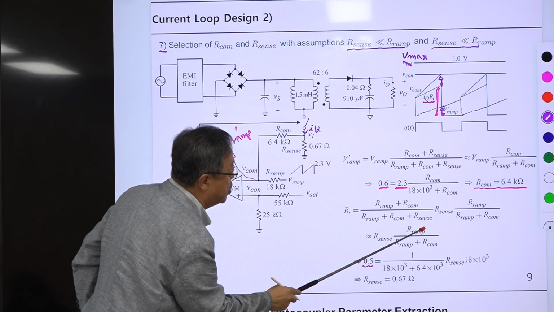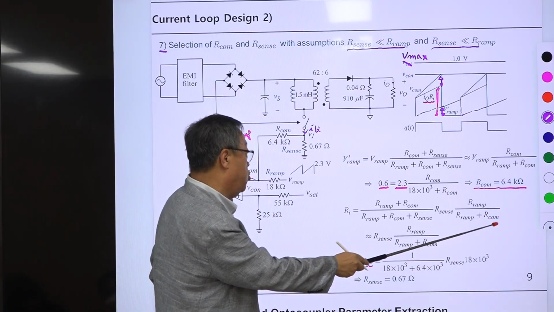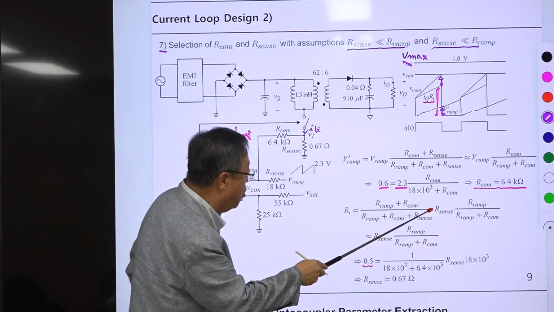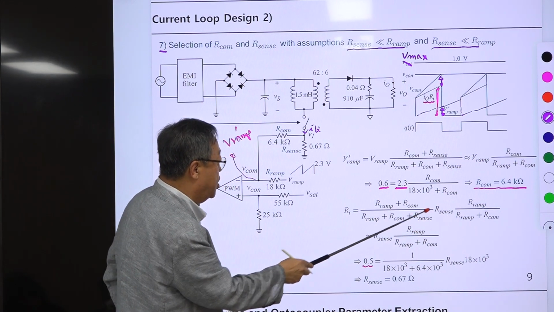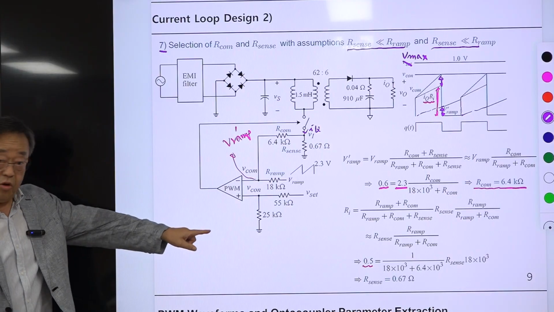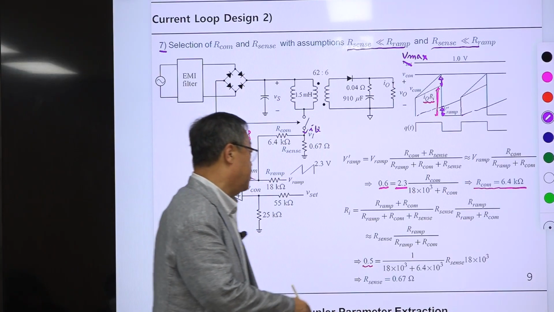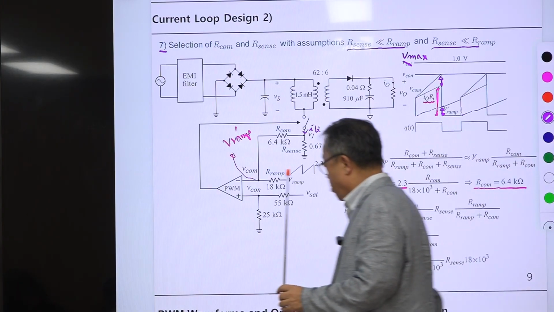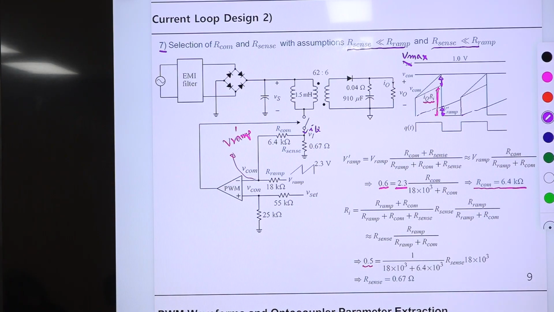So this is the current division, and this is the voltage division, and they cancel, and Rsense is very small, so it can be ignored. Then the remaining is this, okay? The desired value of Ri was 0.5, and this Rsense is determined from the equation. So Rsense is 0.67.